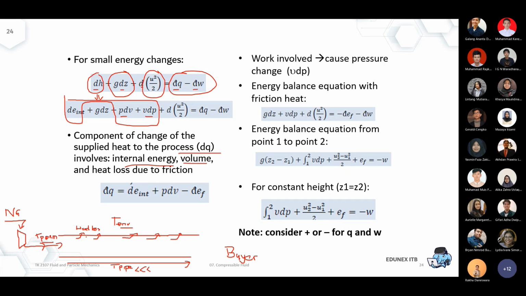What's the delta P loss that has to be compensated in my liquid system? But now in gas, on top of the friction loss, I have to carefully consider the heat loss in the system as well. Why? Because it affects my density, my volume, and all the physical properties inside my pipeline.